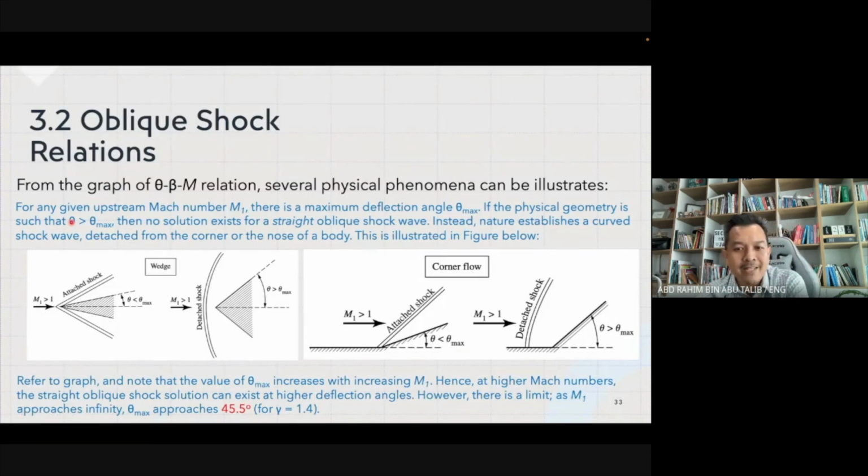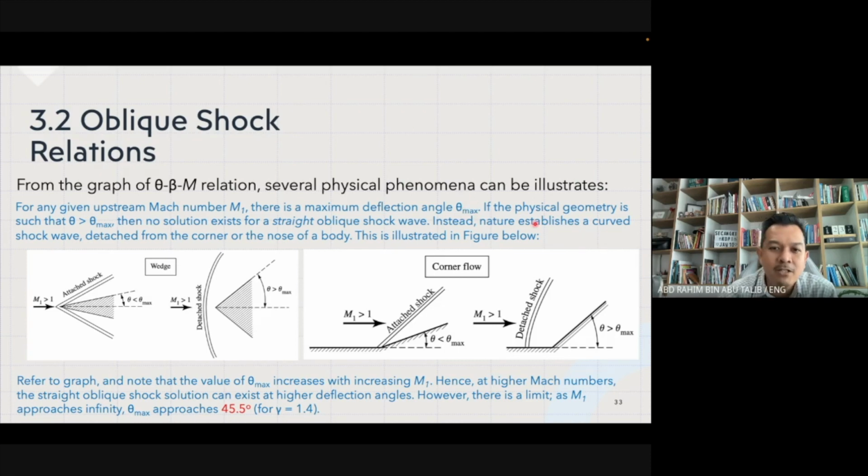What we can see from the graph is that several physical phenomena can be illustrated for any given upstream Mach number M1. If you look at the figure just now, there is a maximum deflection, theta max.